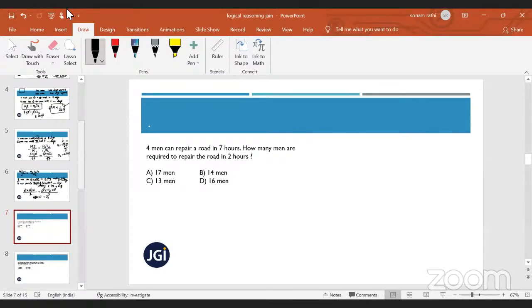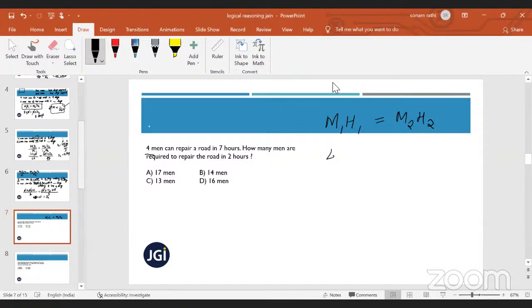Yes. Did you get the answer, all of you? Okay. Your answer is 14. Let's see. What is given to me? M is given to me and H is given to me. So I will take only that part. M1 H1 equals M2 H2.